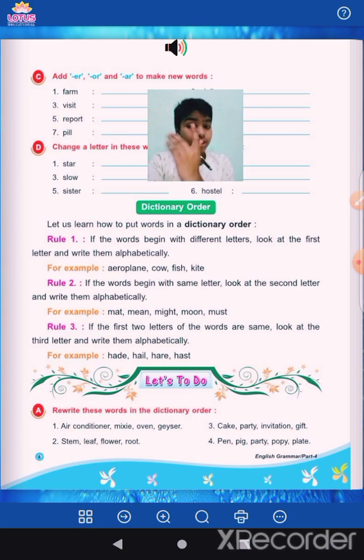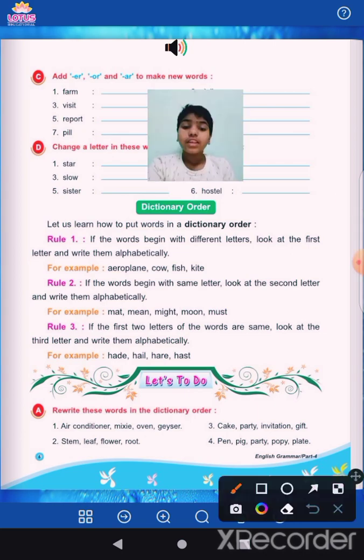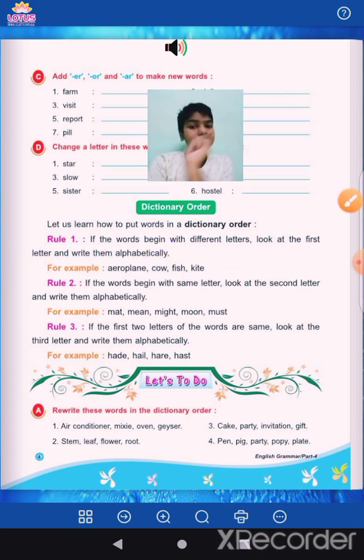For example, aeroplane, cow, fish, kite. If this kite was here, this aeroplane here, this cow here, this fish here, you should see the first letter. After seeing the first letter, see how it comes in the alphabet and then arrange it. Yes, easy, simple.